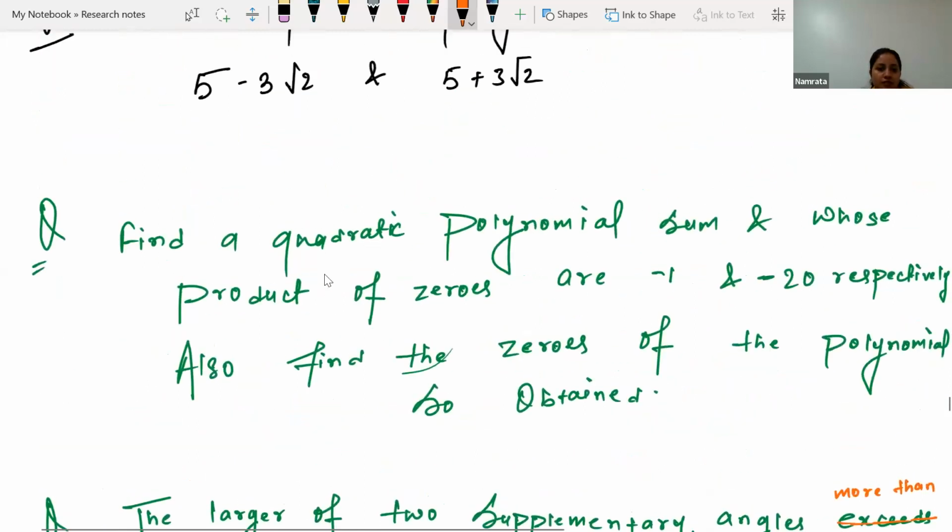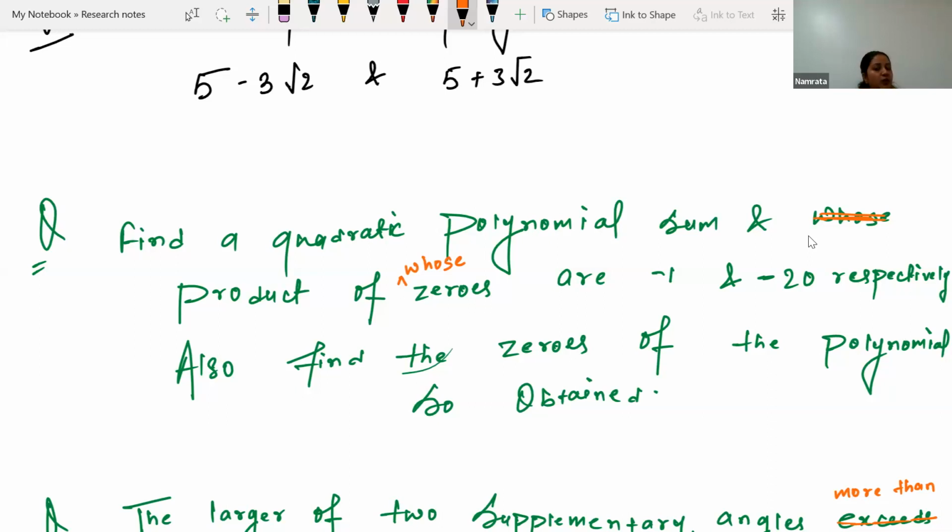Now the next one is find a quadratic polynomial, sum and product of whose zeros are this and this.